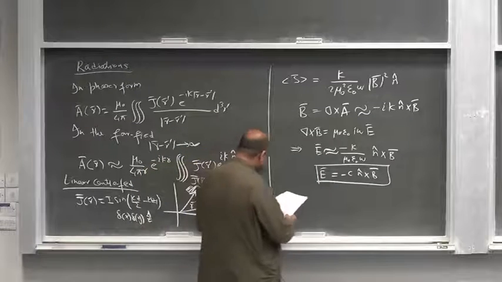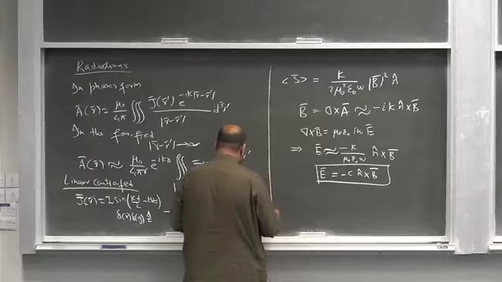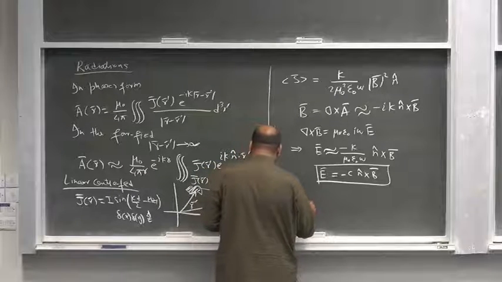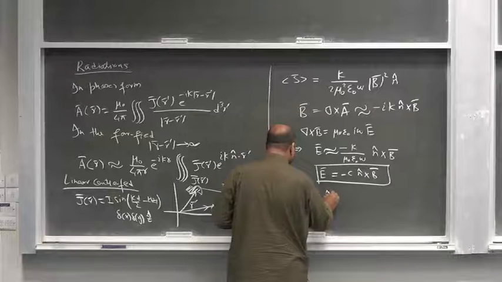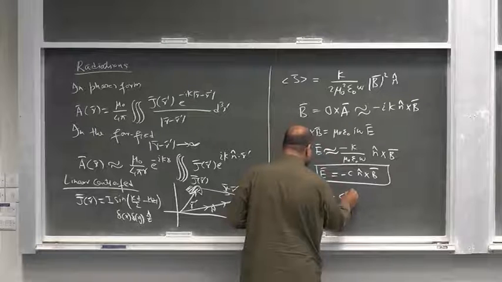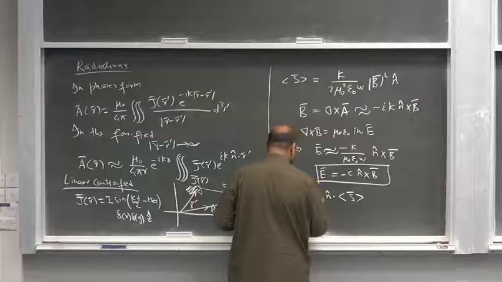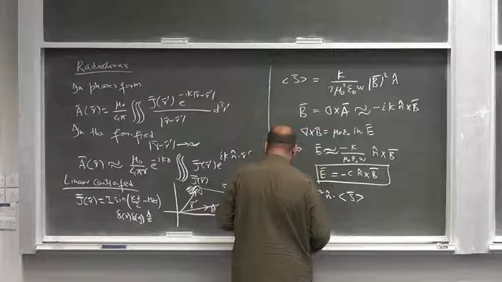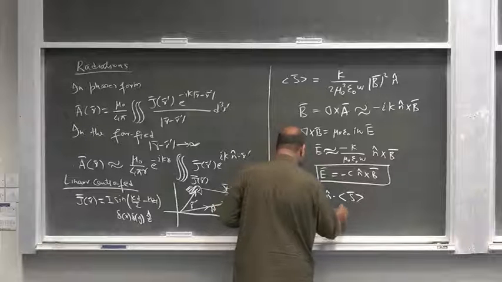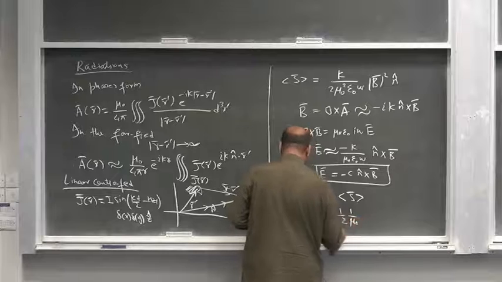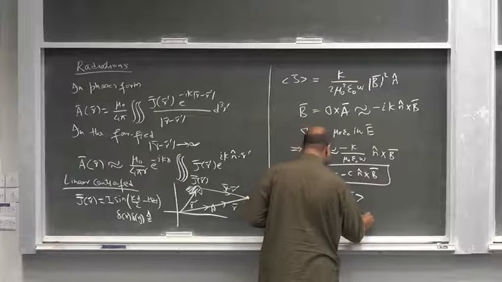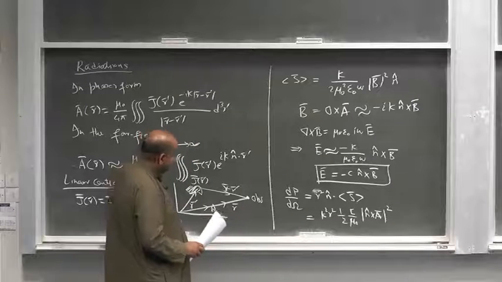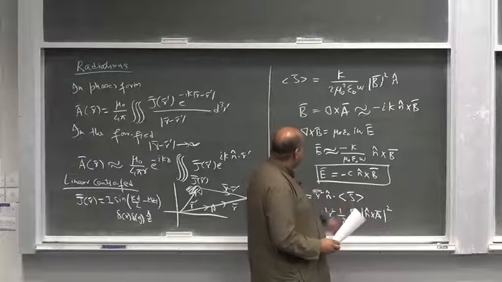We found that the angular distribution of power is defined as the radially outward component of time average Poynting vector, which can also be written as like this.